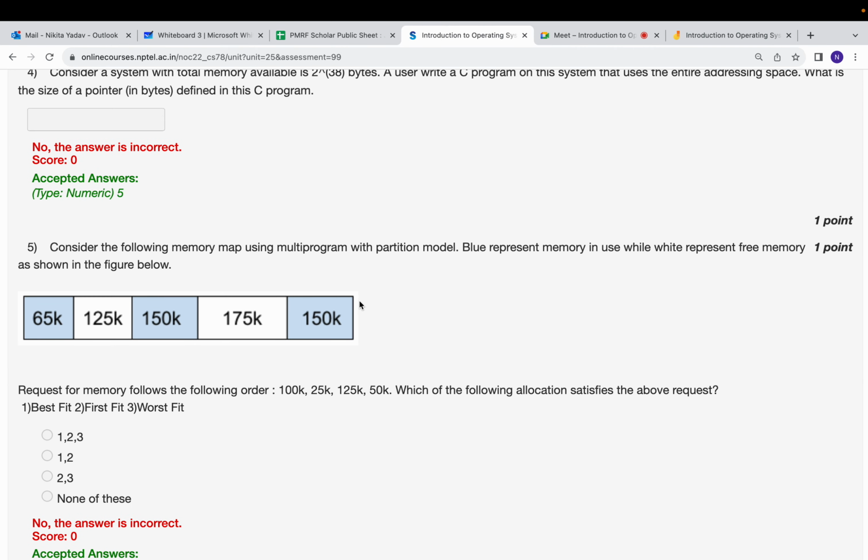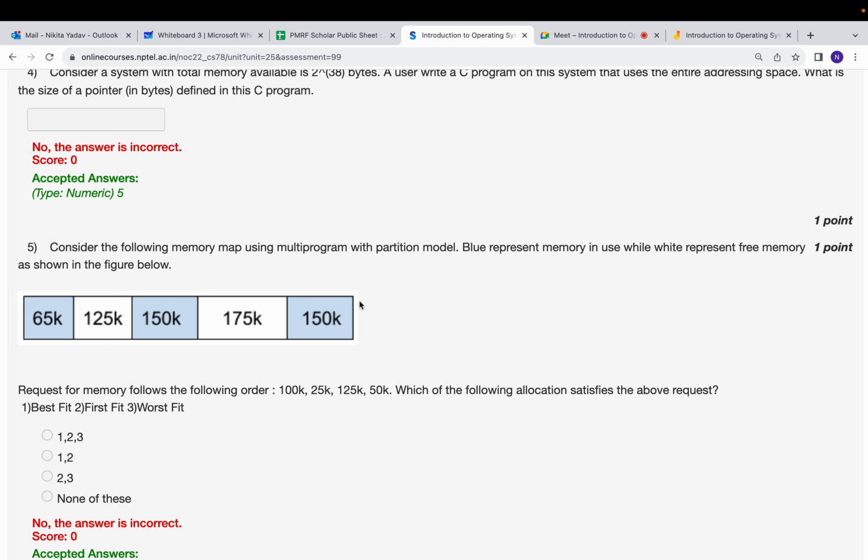Let's look at this question. It says consider the following memory map using multi-program with partition model. Blue represents memory in use while white represents free memory, as shown in the figure below. Requests for memory follow this order: 100 kilobytes, then 25 kilobytes, 125 kilobytes, 50 kilobytes.